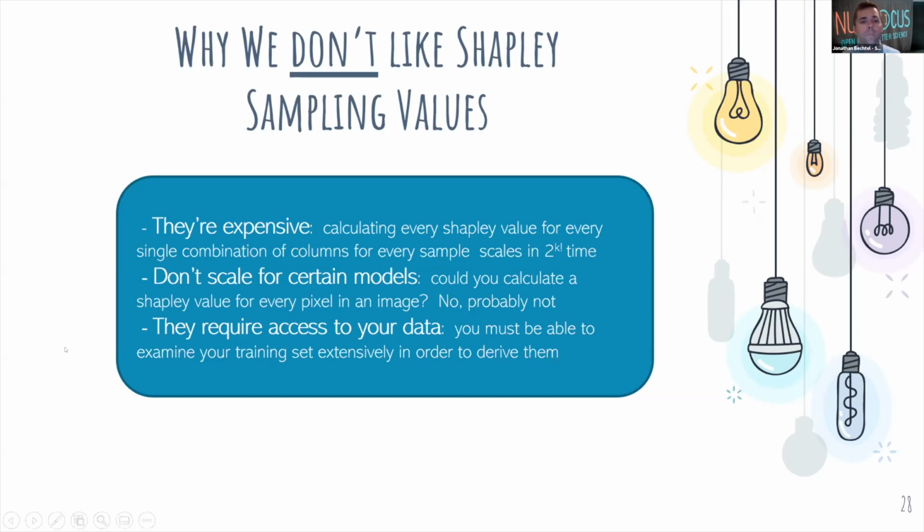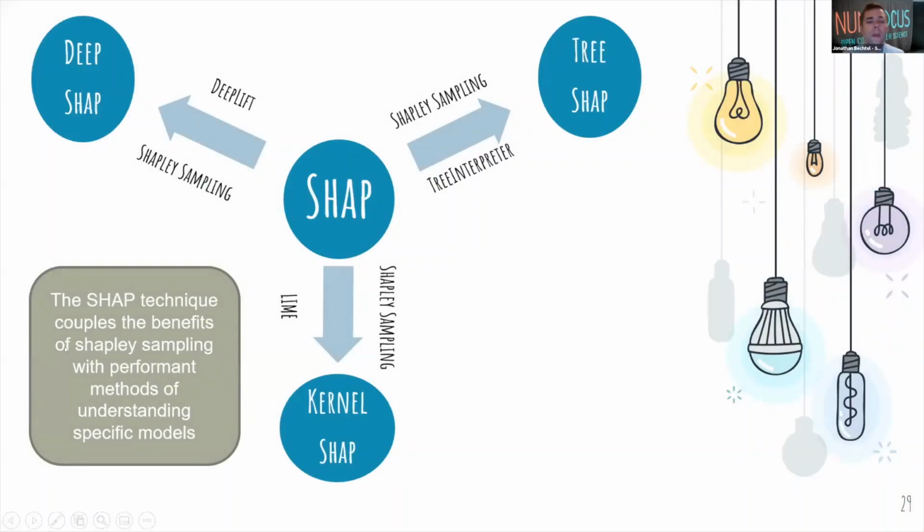In any event, this brings us to the actual Shap library. Shap is based off of the Shapley technique, which has been around for several decades. The actual Shapley sampling was derived and elaborated sometime in the late 90s, early 2000s.